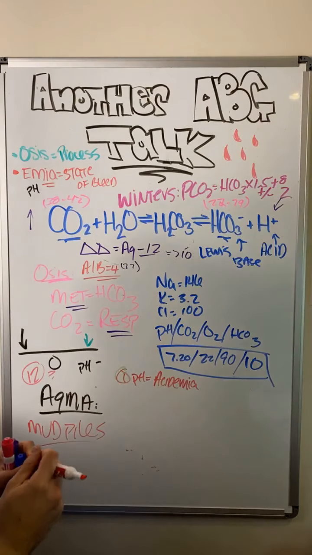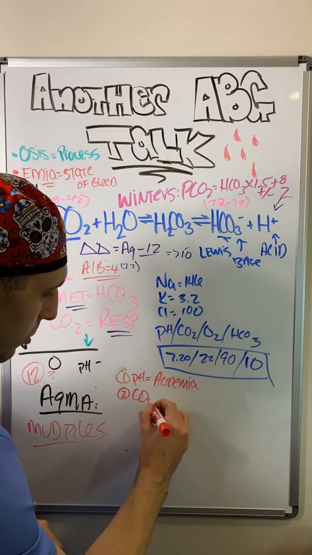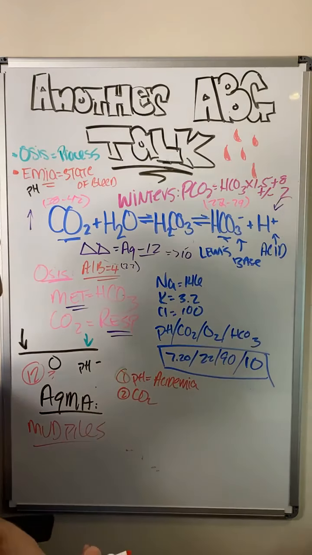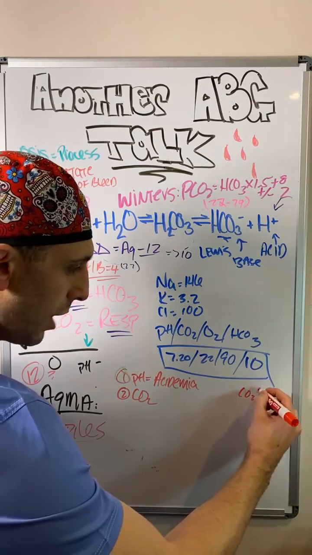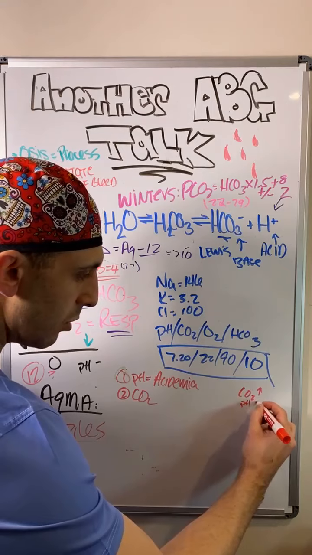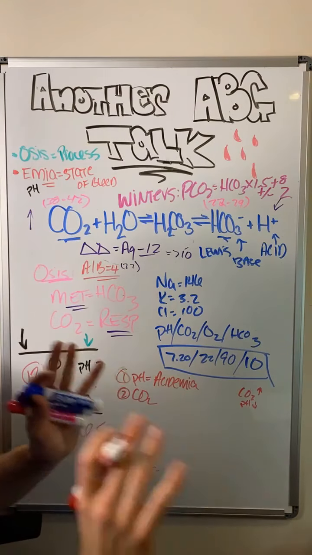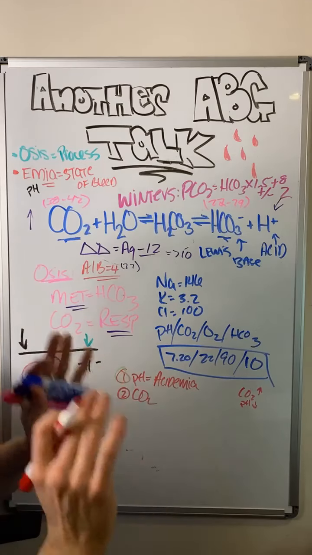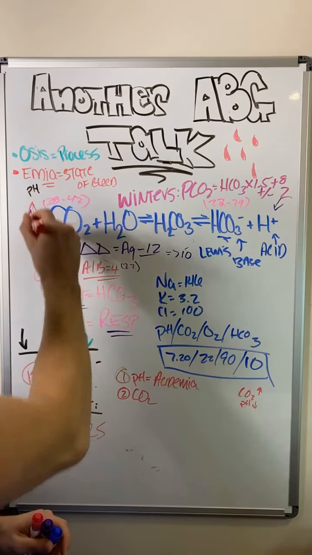The next step that I look at is my CO2. Because if I have an acidemia and my CO2 is high, meaning they're going in opposite directions, if CO2 goes up and pH goes down, that means we have a primary respiratory acidosis. CO2 up, again, because CO2 going up is going to force the equation to the other side.